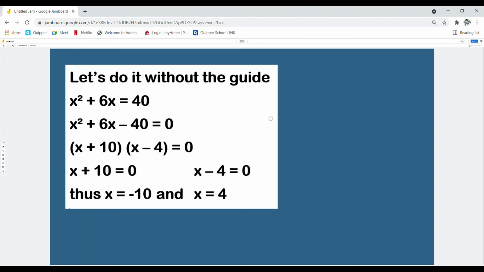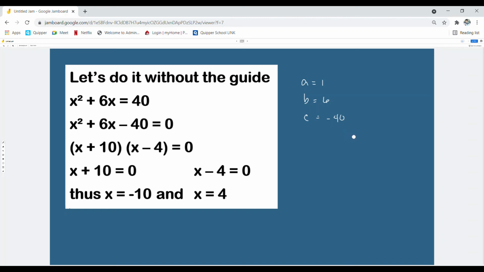What I told you is that what we do is just look for factors of c. By the way, we're going to take our values. Our a is 1, our b is 6, our c is negative 40.